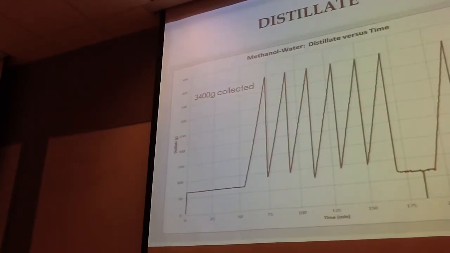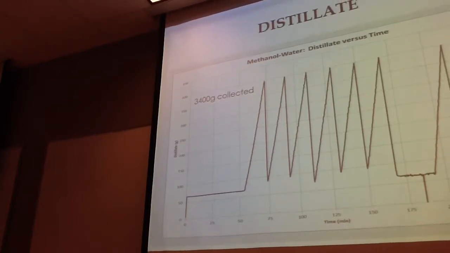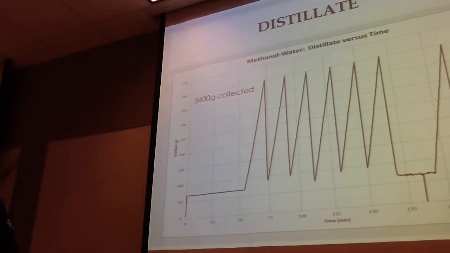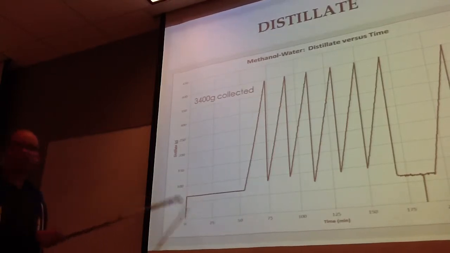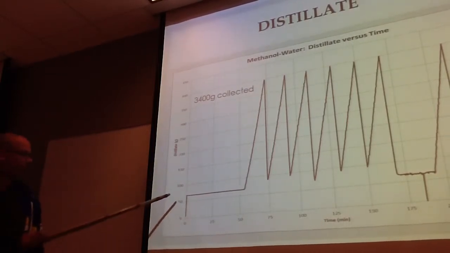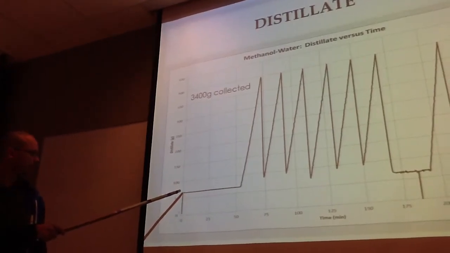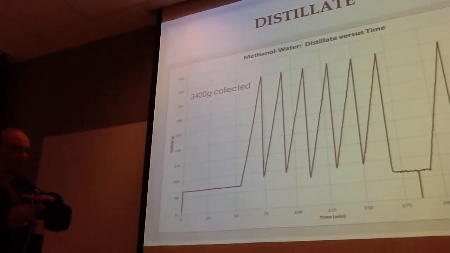And this is what a plot of the actual distillate collected looks like, because as you can see from the picture before, the distillate is collected in a measuring cup that is on a scale that is also connected to the computer. So what happens is that you have an amount of material left in the measuring cup that's up to the outlet.